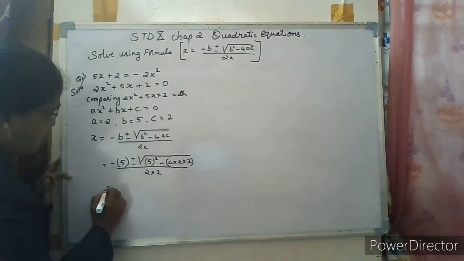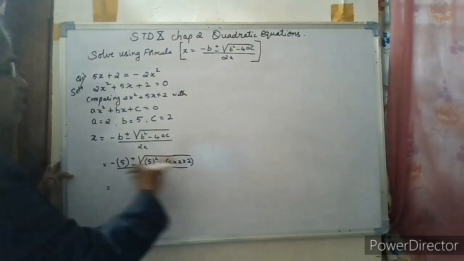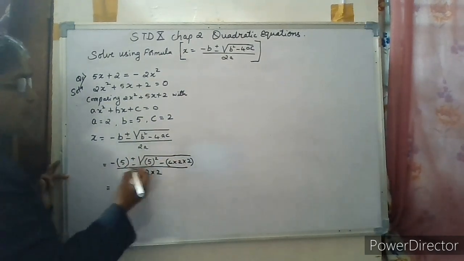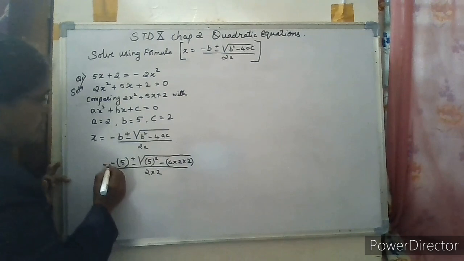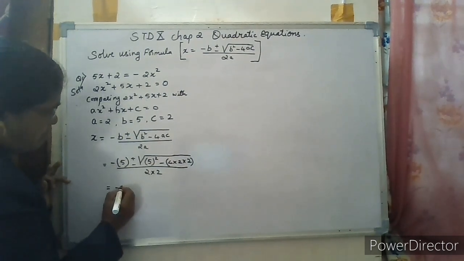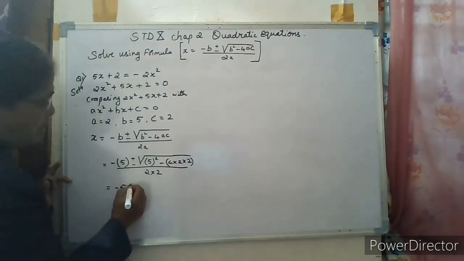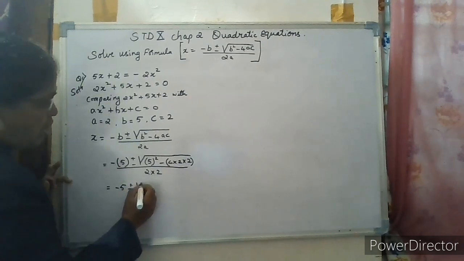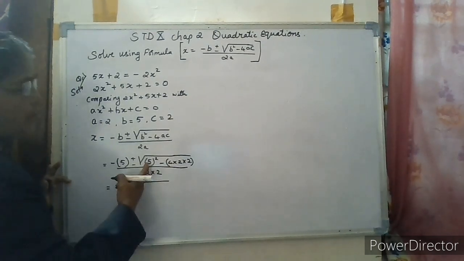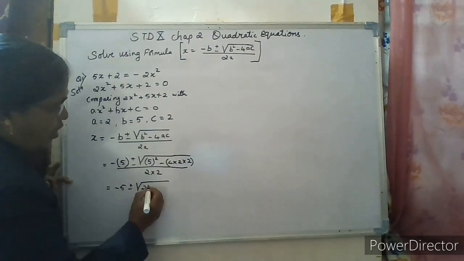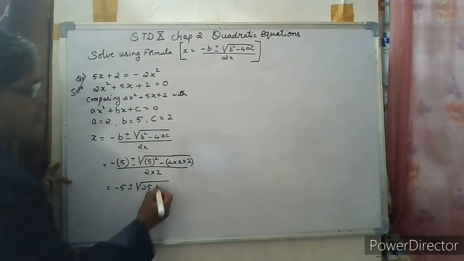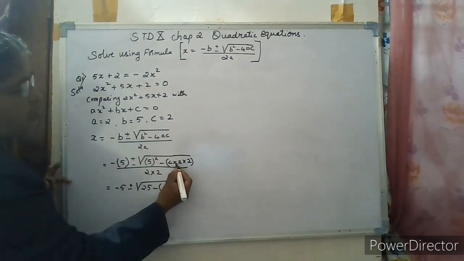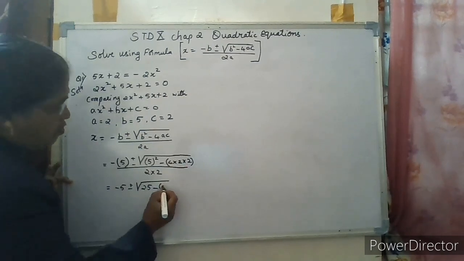So we have substituted the values of a, b, c here. Now let us remove the bracket and solve it. So minus into plus will be minus 5. Plus or minus under root 5 square is 25. Minus, in the bracket you solve first: 4 twos are 8, 8 twos are 16.